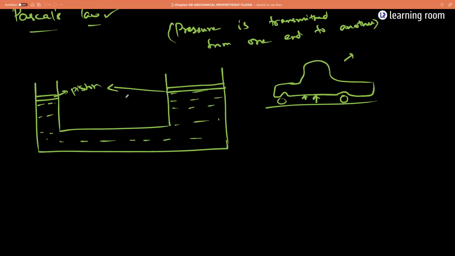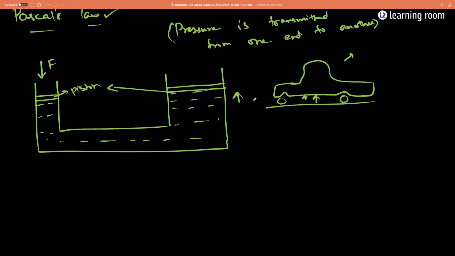So when you have this connector, if you are able to exert a force here, and if the liquid is incompressible, means it cannot be compressed, then what will happen to the liquid? The volume of the liquid is conserved. So when you apply a force on one side, you cannot compress the liquid. So it will try to adjust its volume in such a way that on the other side, it will start pushing the other surface in the upward direction. Makes sense? Because it needs to stay fixed in the particular volume.